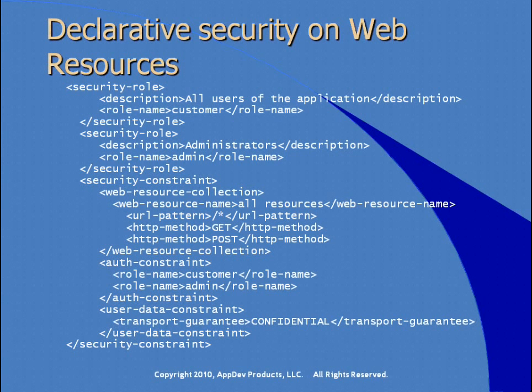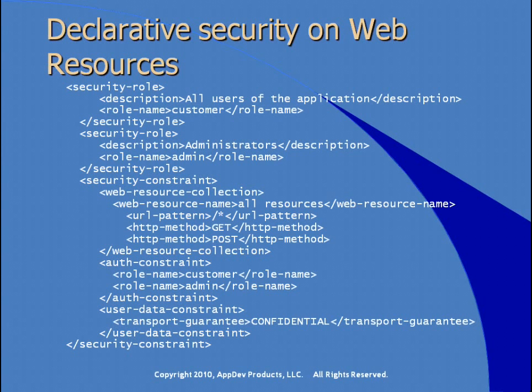Additionally, this web resource collection is being applied using the HTTP method element, applying to all HTTP GET methods and all HTTP POST methods. So this is an interesting piece of Java EE security: it's not just the artifacts in our application, but we can actually apply these security constraints to HTTP methods.